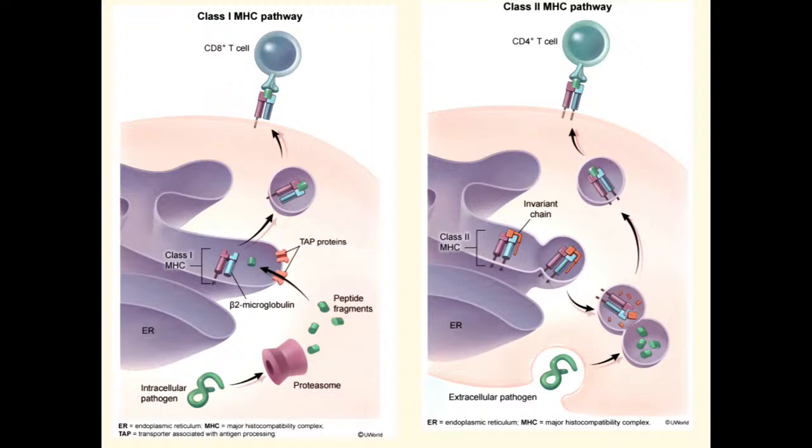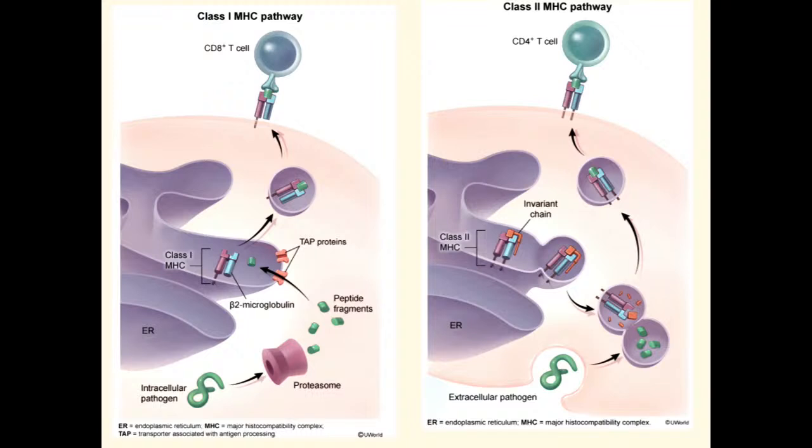Mostly MHC type 1 contains beta-2 microglobulin, which is not in MHC2, and MHC2 contains the invariant chain, which normally blocks the function of MHC2.